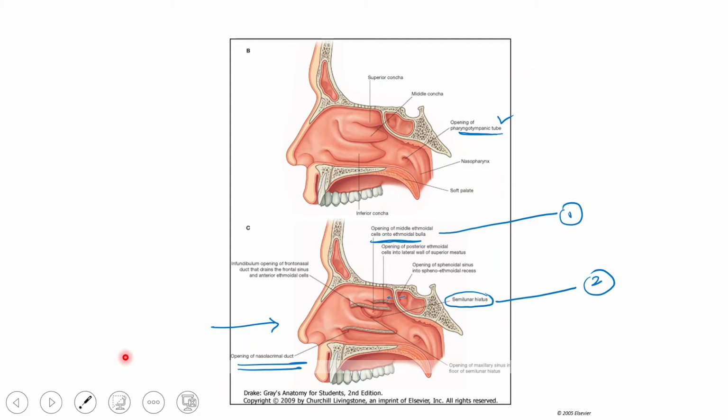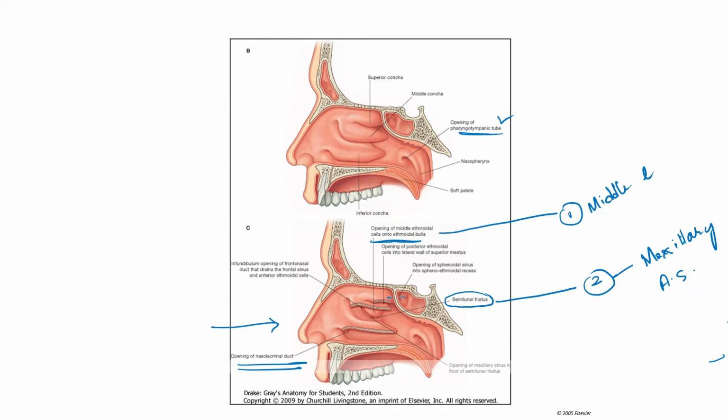So the maxillary air sinus is seen opening here, whereas the bulla ethmoidalis receives the opening of the middle ethmoidal air sinus.